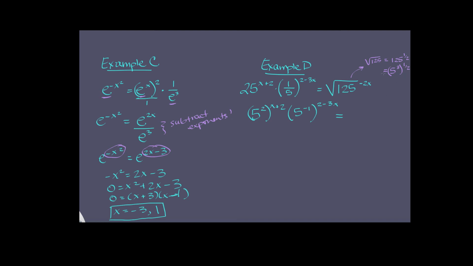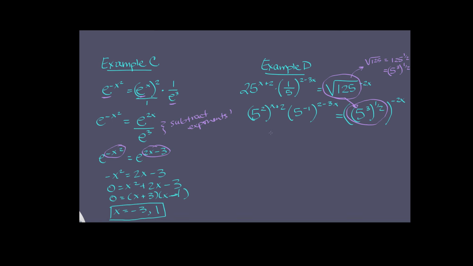And then we're going to raise all of that to the negative 2x. So I'll write that out here. 5 to the 3rd to the 1/2 power. That's your square root of 125. So this portion of it is right here. And then I'm going to raise all of that to the negative 2x power.